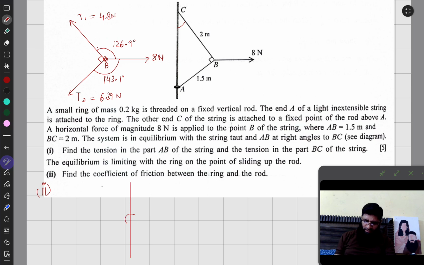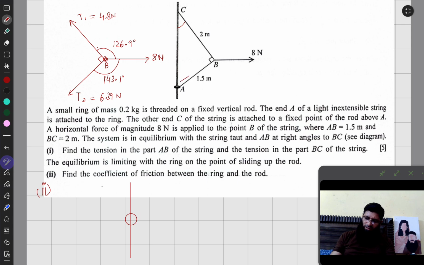Basically, this is the ring, and if you talk about the forces acting on this ring, this is the force which was basically the tension T2.